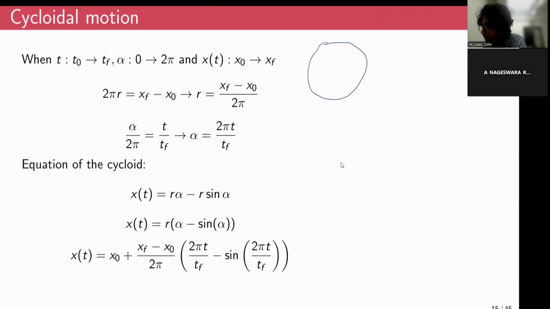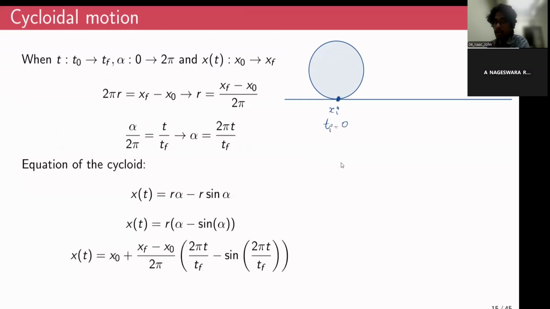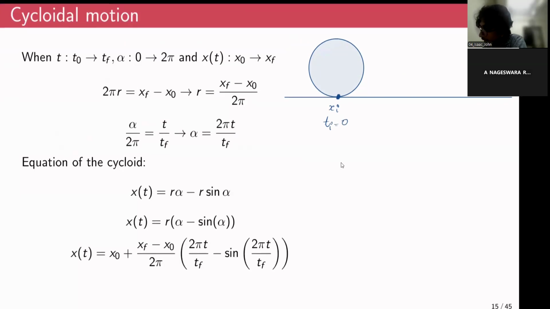It's fairly straightforward. So let's consider this point, maybe this point of interest. So maybe at initial time, at xi, I'll consider the time as ti, or maybe ti as 0. We'll always consider the initial starting point as 0, and then we let the circle roll by a finite angle alpha.